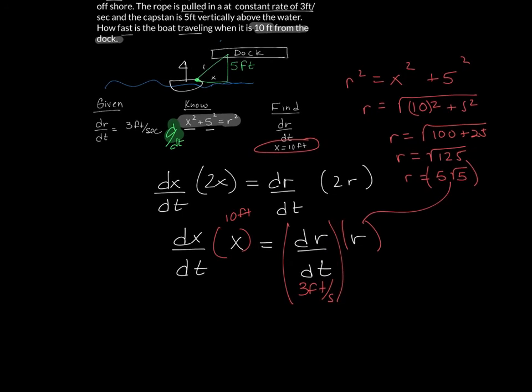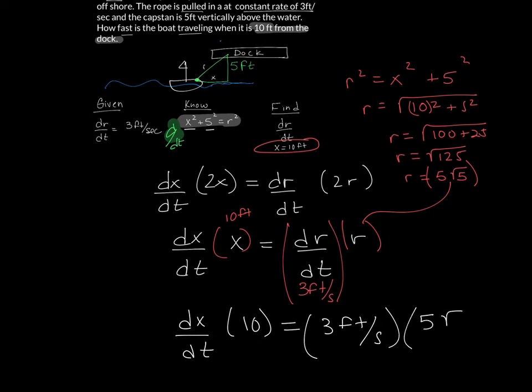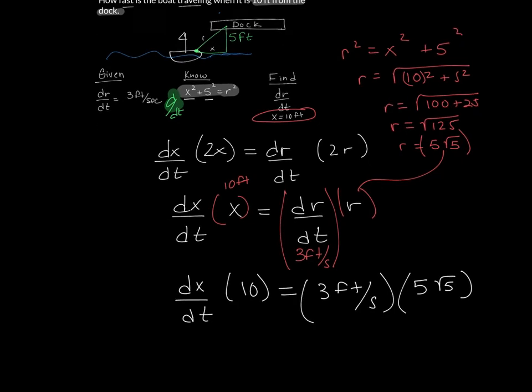So let's finish this up. I have that dx over dt times 10 is equal to dr over dt, which is 3 feet per second, times r, which is 5 square root of 5.